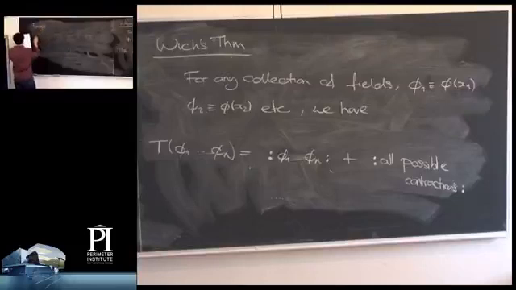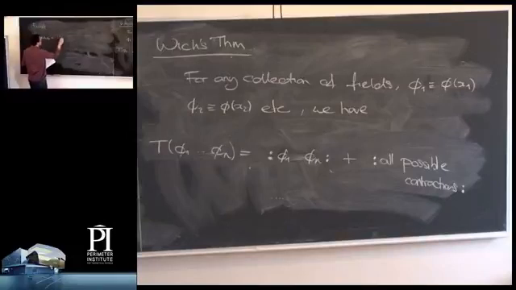An example is to take 4 fields: an operator that's a string of 4 of the same fields evaluated at 4 different points. So what do I mean by this? The time-ordered product is equal to the normal-ordered product plus all possible contractions. So what does all possible contractions mean? Firstly, I can contract phi1 with phi2, or phi1 with phi3, or phi1 with phi4, or phi2 with phi3, or phi2 with phi4, or phi3 with phi4.